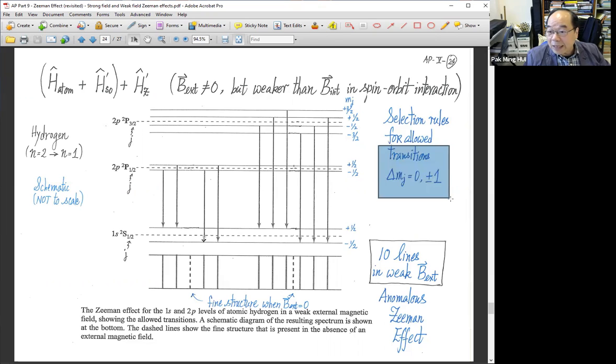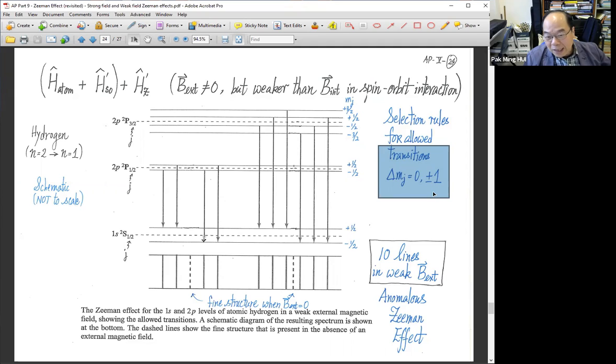I just state it here. I'm not explaining it yet. We need another skill, namely time-dependent perturbation theory. We will discuss it later in order to understand why we have selection rules. At this moment, I just make use of this: allowed delta MJ must be either 0 or plus minus 1.